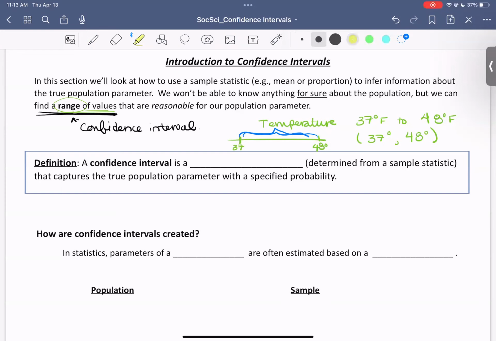A confidence interval is a range of values determined from a sample statistic that captures the true population parameter with a specified probability. So we're going to go ahead and unpack that definition now, and specifically look at how confidence intervals are created.